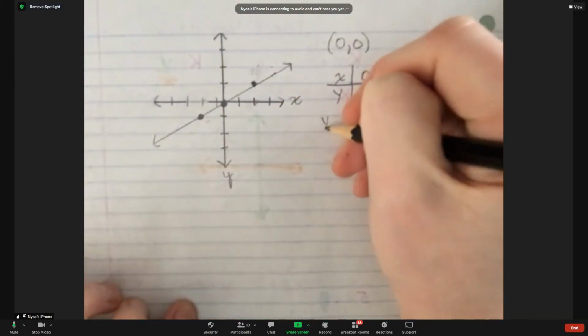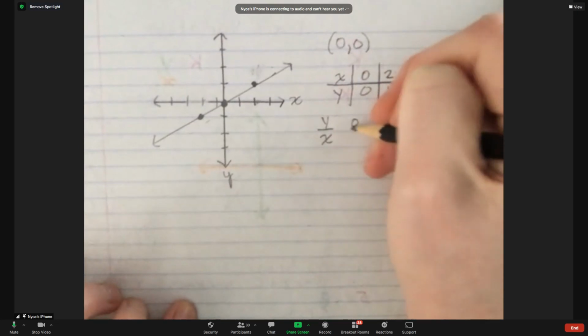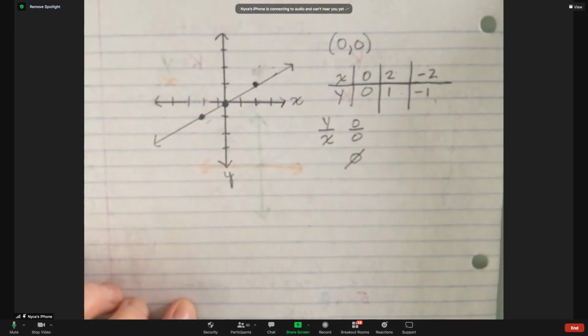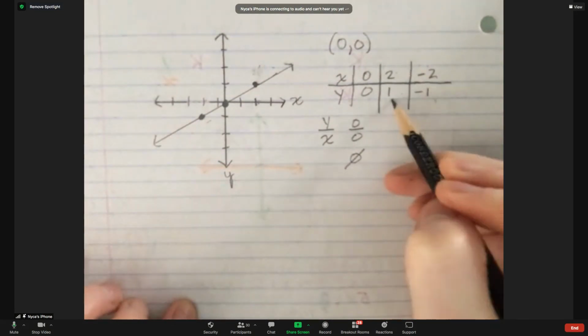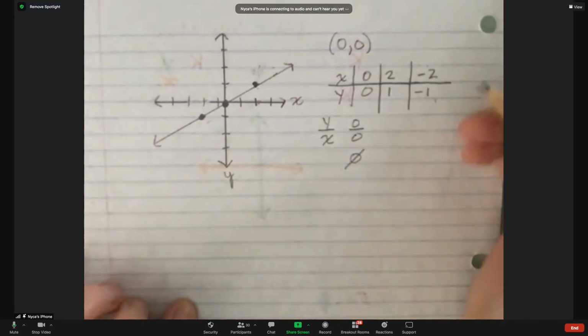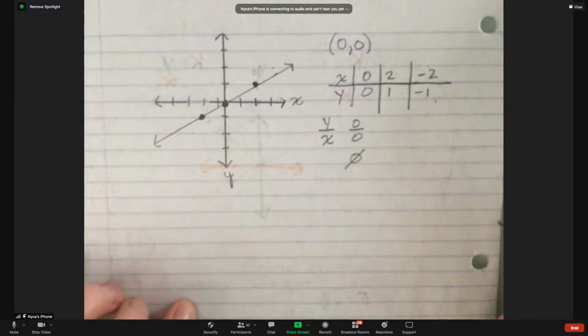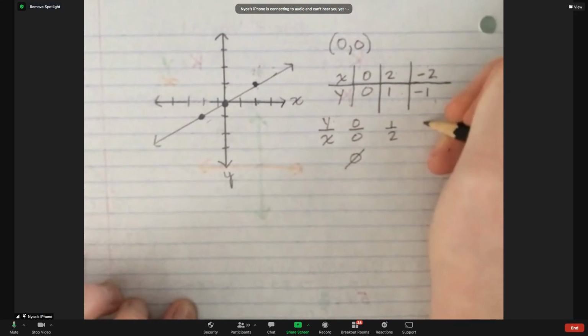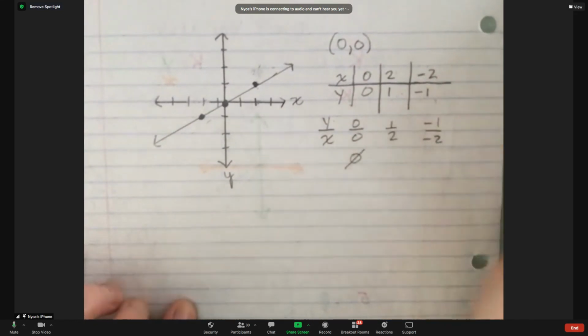So remember, it's Y divided by X, 0 divided by 0. That's okay to get that as a constant because we know it went through the origin. So now we're just going to look at whatever pairs they give you. If they give you more than 2, you need to do all of them. So then maybe they gave you a third one because you need 3 to identify a pattern. So, all right, it's Y over X. So that's 1/2, and then -1 divided by -2.